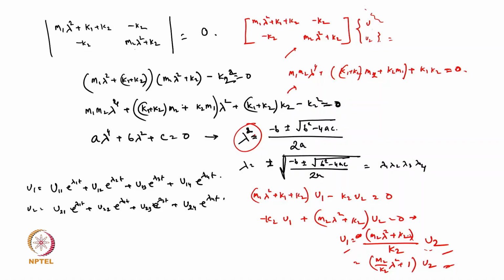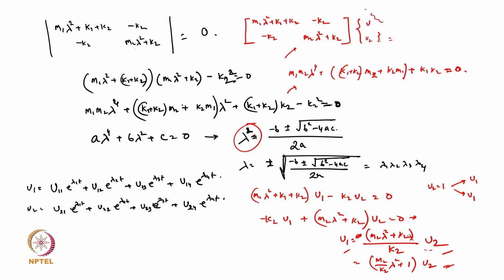So in this problem, for u2 equal to 1, we will have two values of u1, and we used only the second equation.